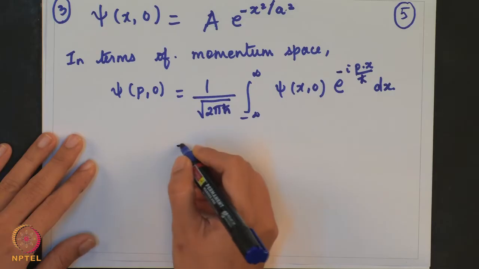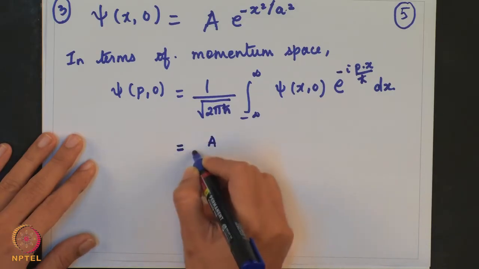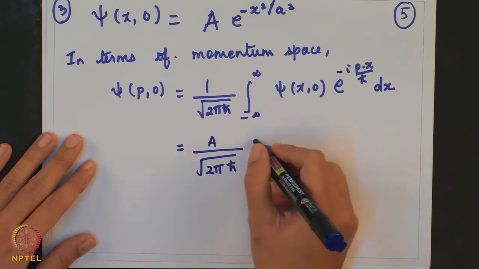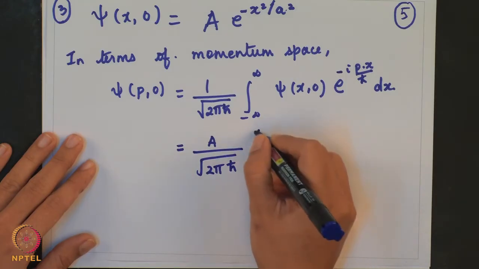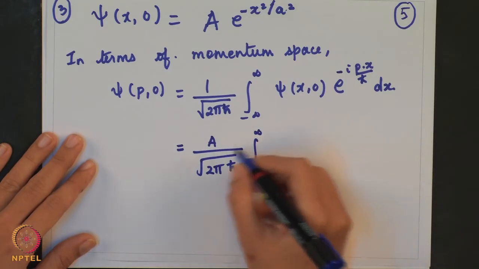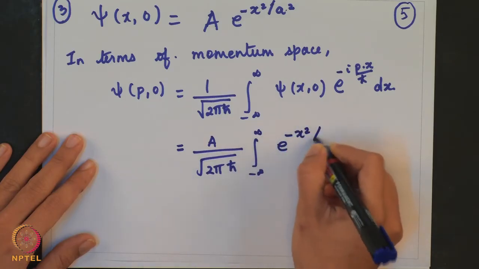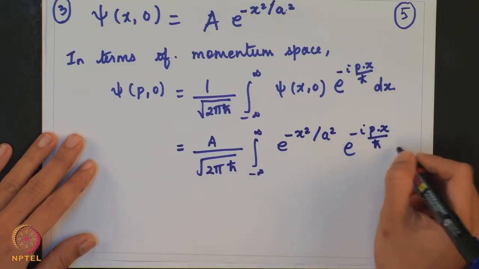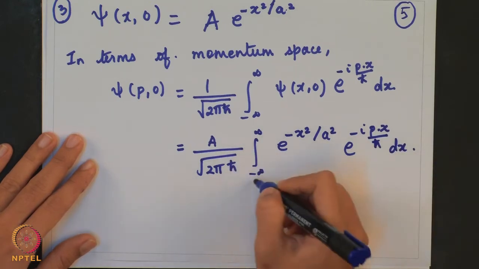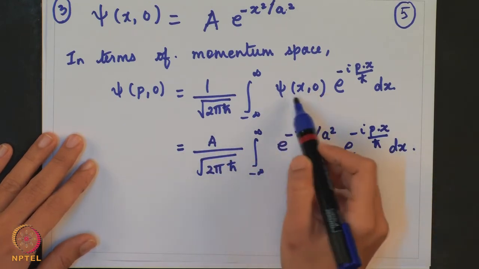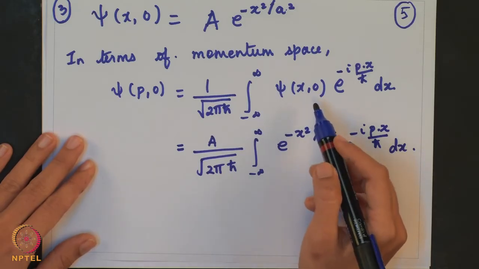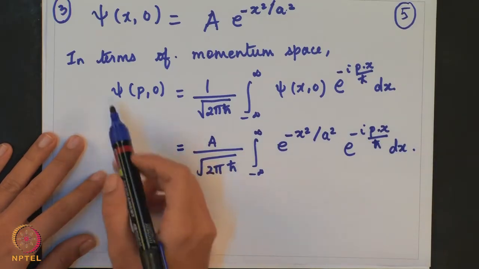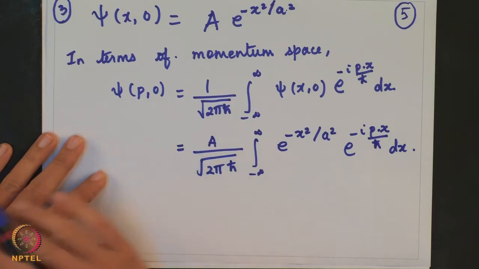Now we substitute for the wave function, and you have minus I p dot x over h cross dx. So, you have just substituted for psi x comma 0, and you obtain the wave function in momentum space.